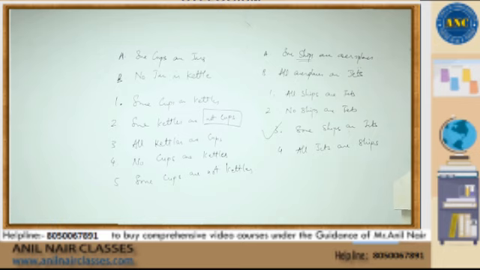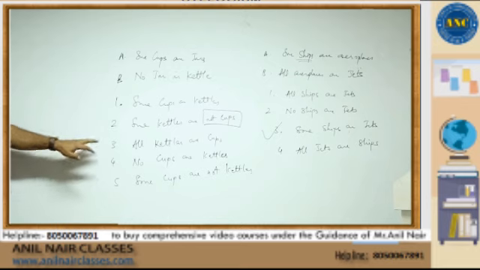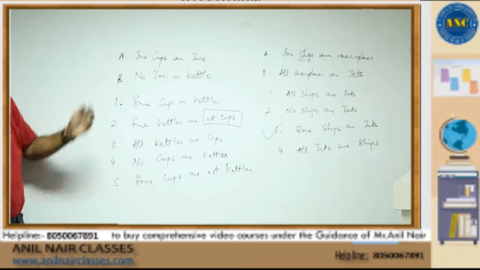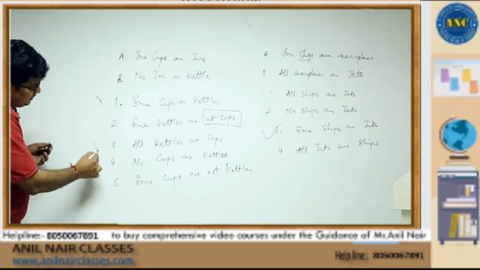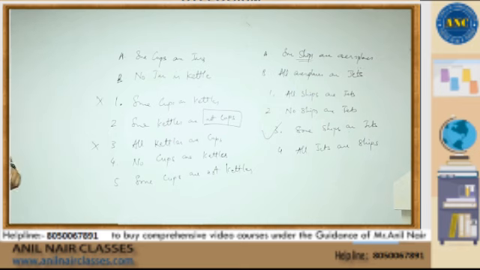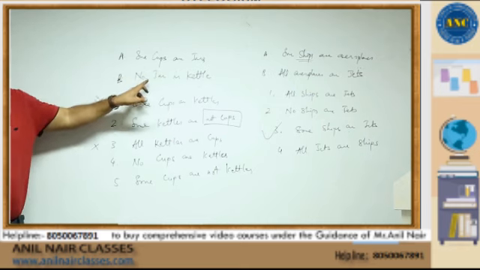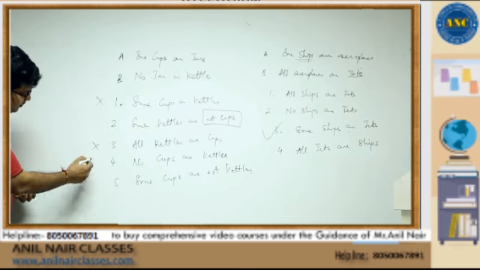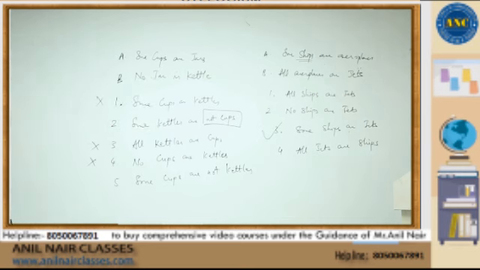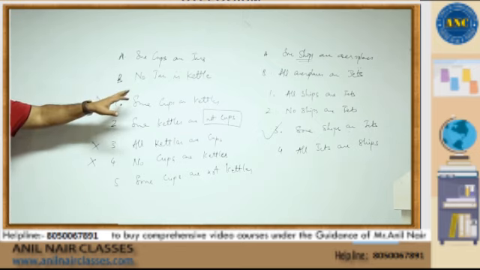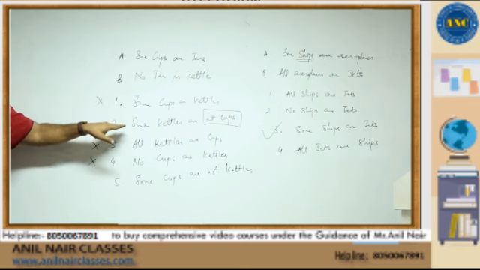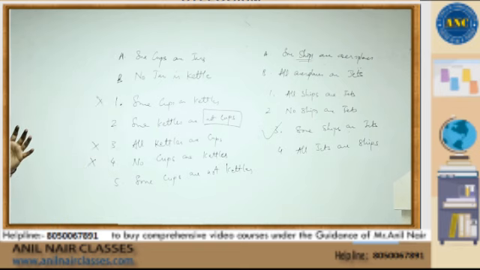Take this example once again. Here you have a particular negative, so immediately you know this cannot be my answer, nor this. Logically you also know that some cups are jars is also a particular statement, therefore a universal negative can't be the answer either. So immediately you get an answer. If there is only one option of particular negative, that has to be your answer. Yes or no? Yes.